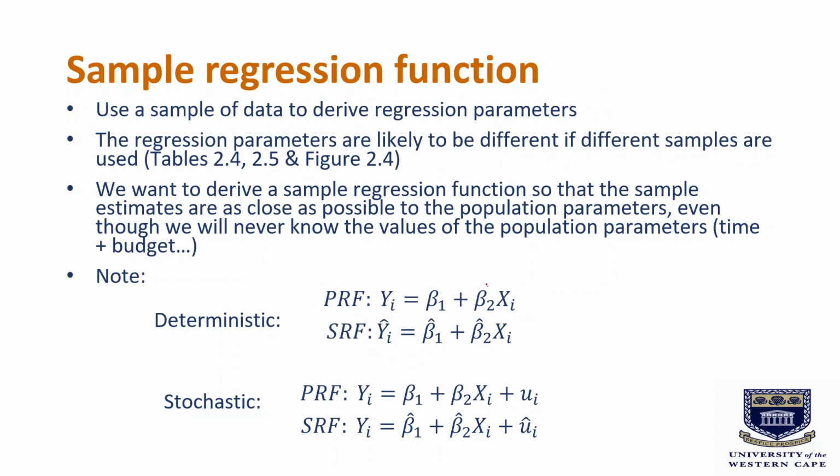So beta 1 and beta 2 over here are population parameters. Beta hat 1 and beta hat 2 are sample estimators, or more specifically, estimates of parameters. As usual, the stochastic specification merely includes the u term at the end.